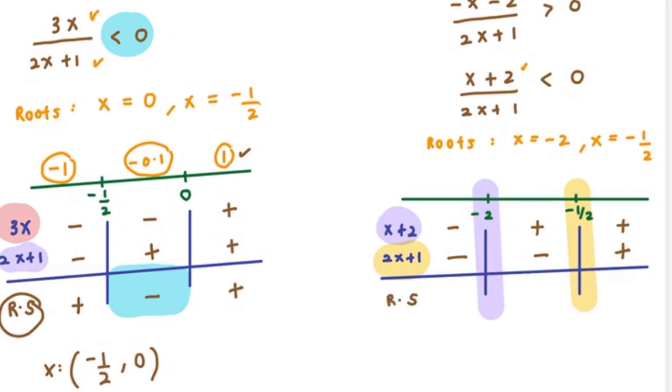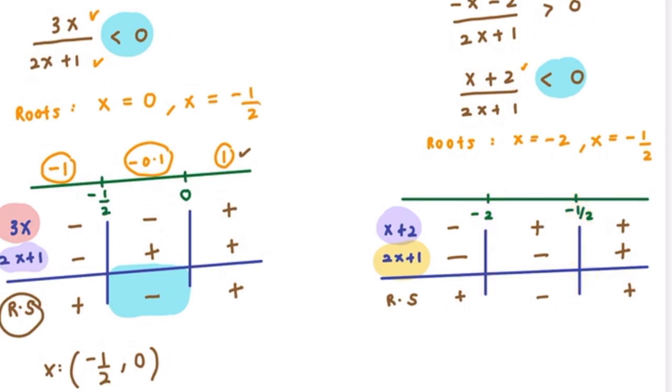Resulting sign: negative over negative is positive. Positive over negative is negative. Positive over positive is positive also. Okay, so how to choose your last answer? Your last answer will depend on the question. Less than 0 means choose the negative answer only.